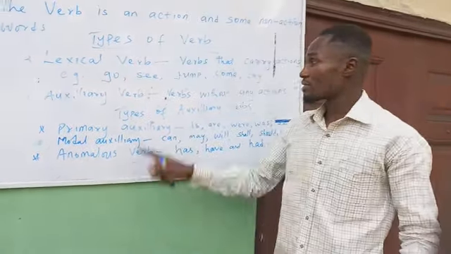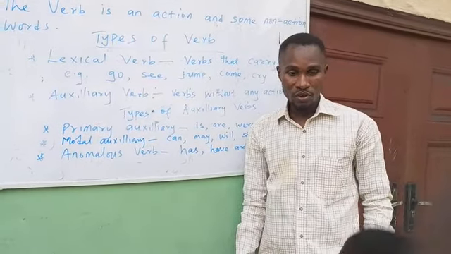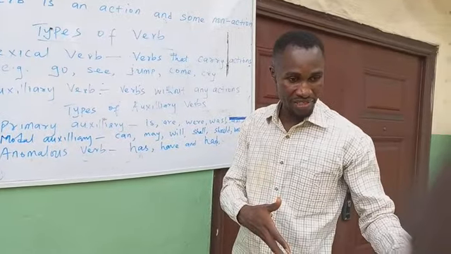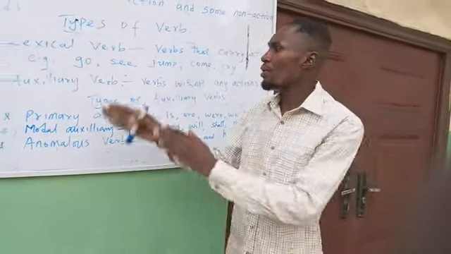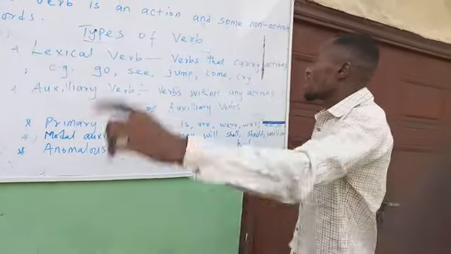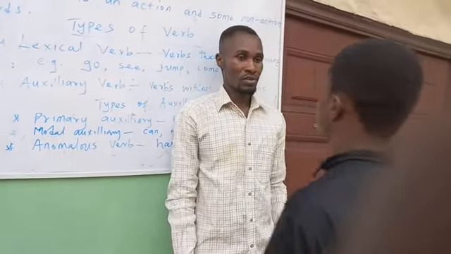Yes. Okay, what about jump? Let me see. Jump again. Okay, now you heard the word jump and you did what? Jumped, right? So when you heard the word jump, you jumped. When you heard the word go, you went, right? Okay, come. Come.